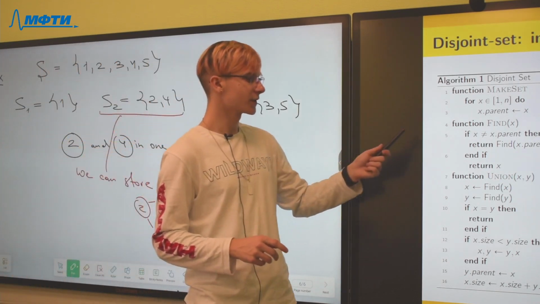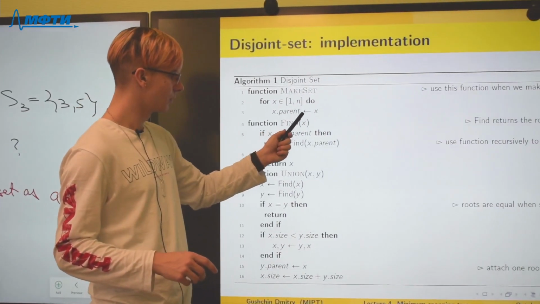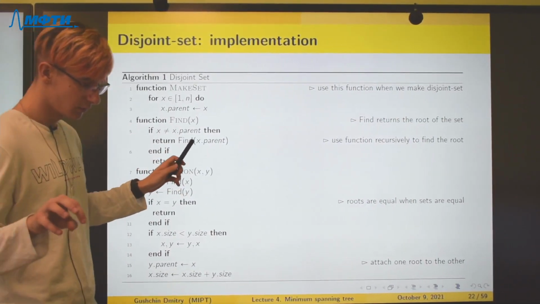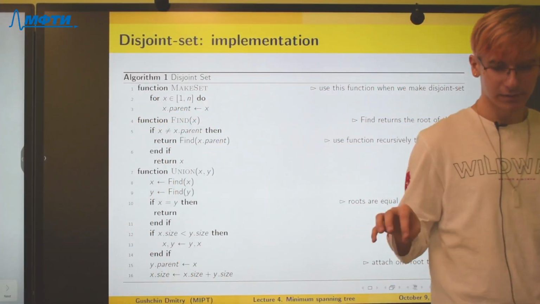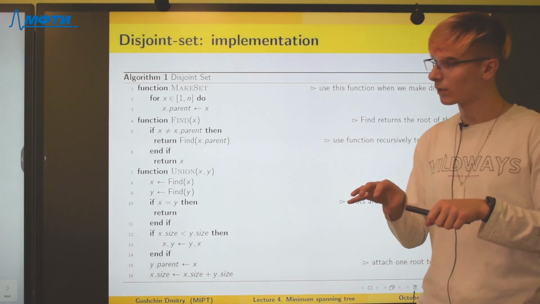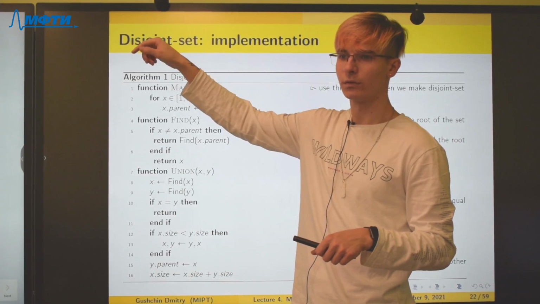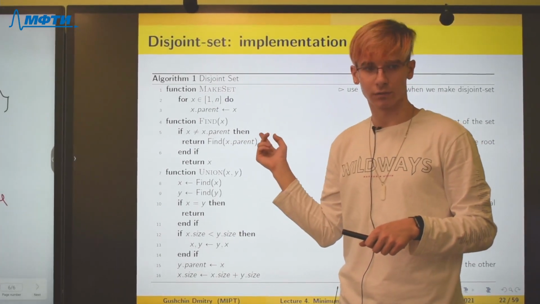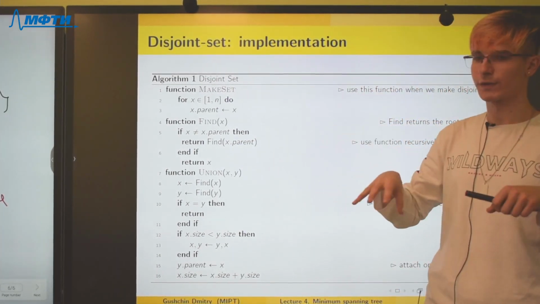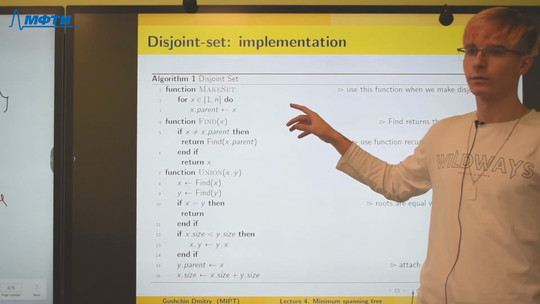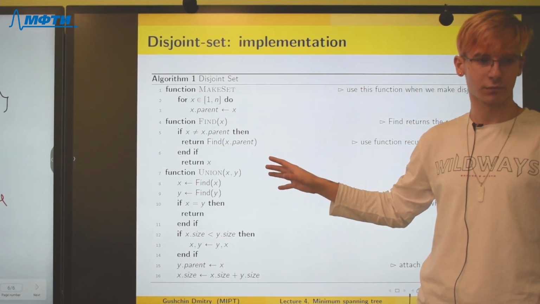It is important that if we call the find function on different vertices and compare the results, then if the vertices are in one component, the parent is equal, and if the vertices are in different subsets, the parents will be different.